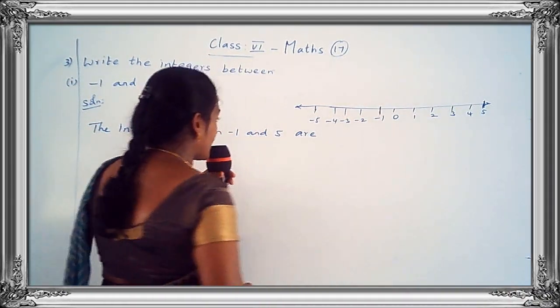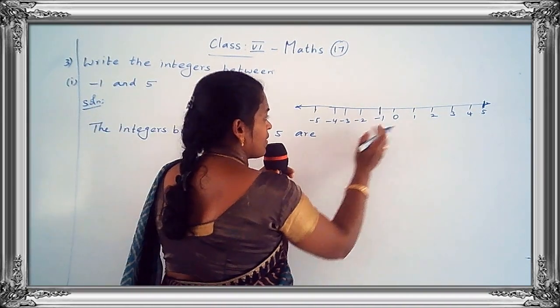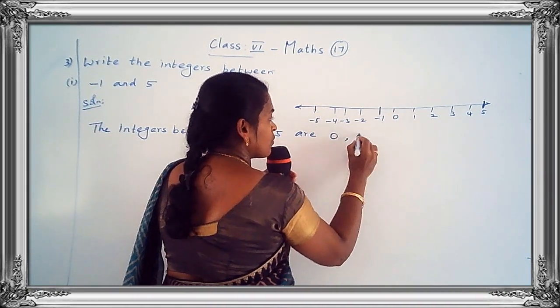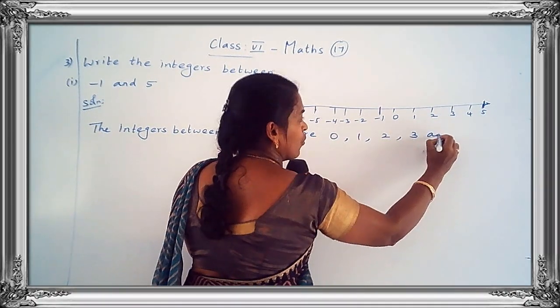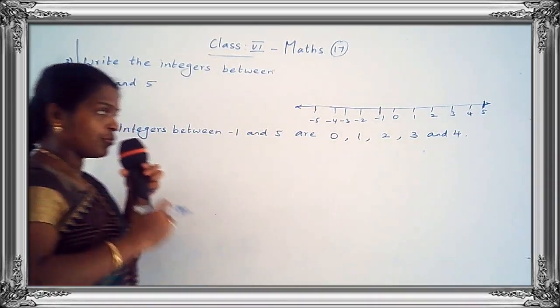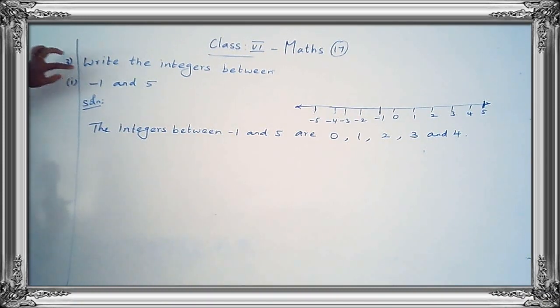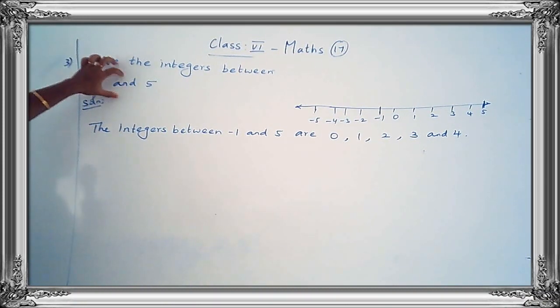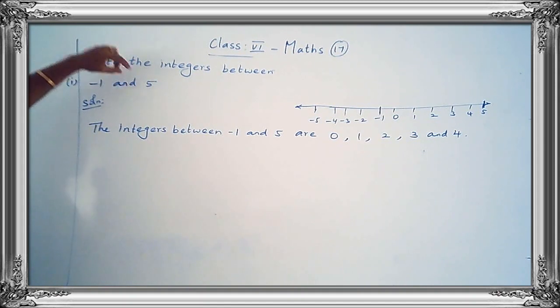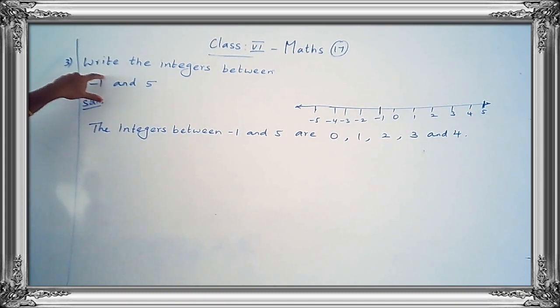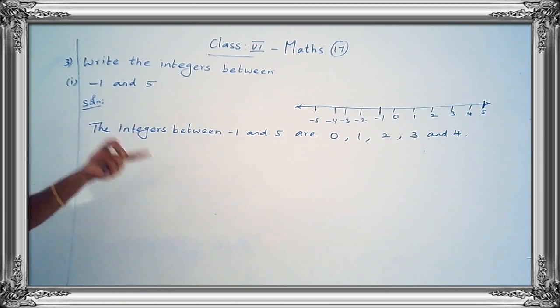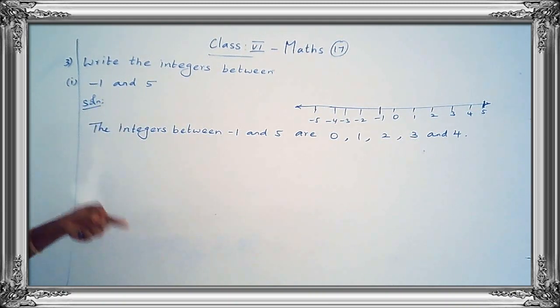So write the integers between -1 and 5 are 0 1 2 3 and 4, okay. Understood? What do we have to write? Write the integers between -1 and 5. The integers that lie between -1 and 5. So what is between -1 and 5? What comes right after -1 on the right side? 0. Yes, 0 1 2 3 and 4.